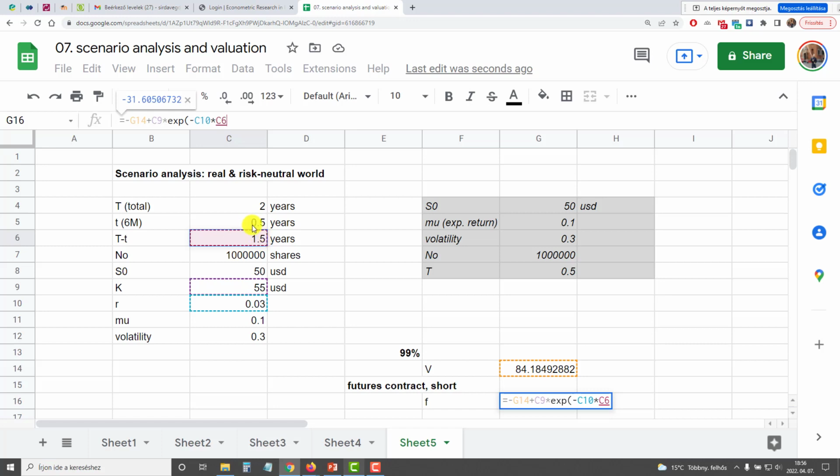So do not confuse that, it's not 2, it's not 0.5, it's 1.5 years. Because right now we are in the 6 months.